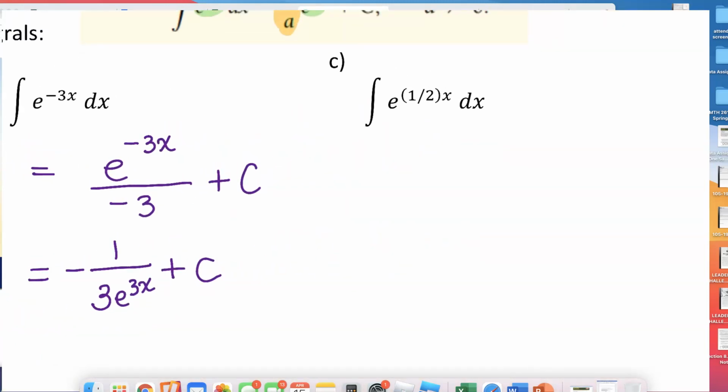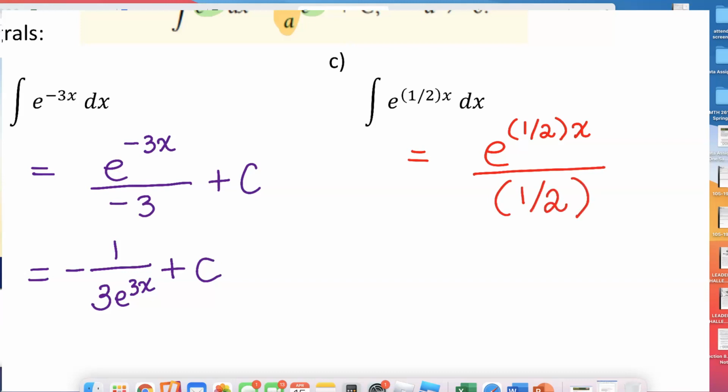I need to do the same thing over here. This is equal to e to the 1/2 x. You write the same thing, but then you must divide this by the exponent 1/2, and you put that plus c. But listen, dividing by a half is the same as multiplying it by 2 over 1.